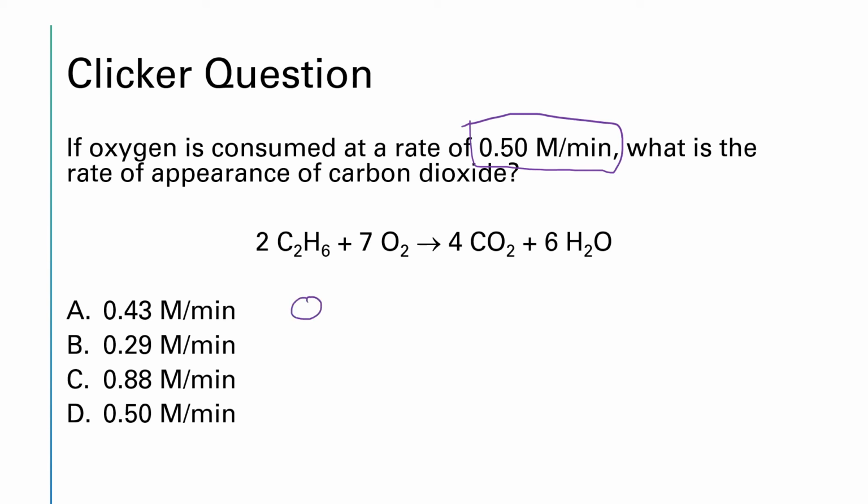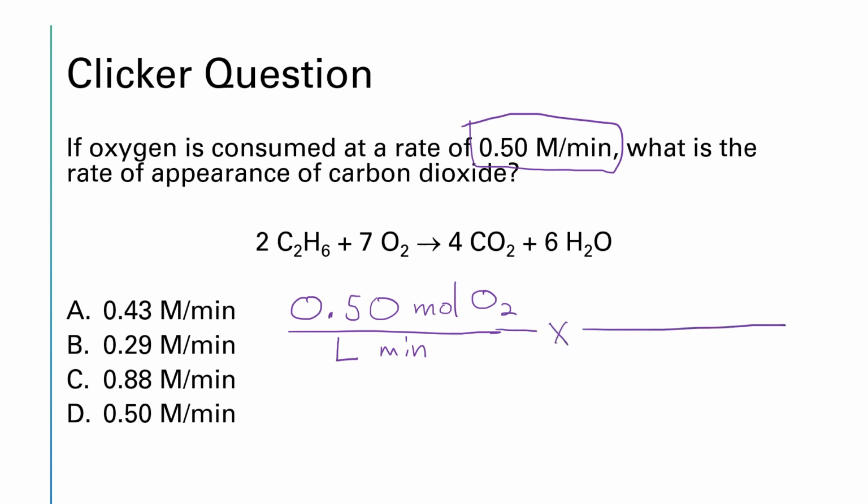And just remember, molarity has moles, right? Molarity is going to be moles per liter. So we'll write moles per liter per minute. And what we were given was information about oxygen. So that's moles of oxygen per liter per minute.